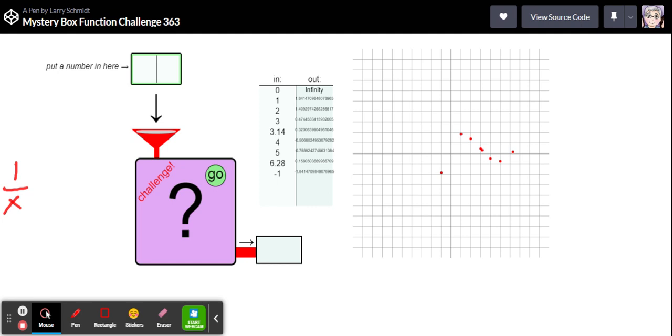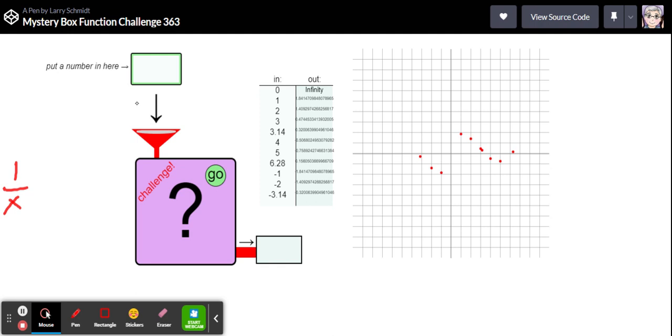How about -2? -3.14. It looks like we're kind of getting a mirror image, something reflected across the origin.